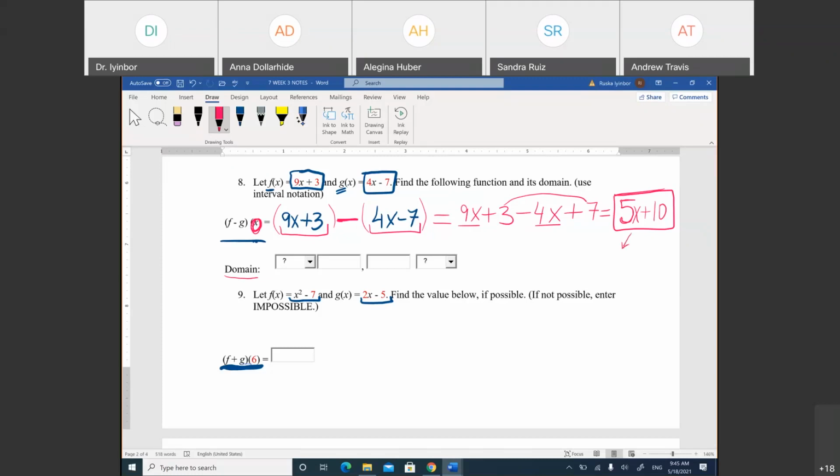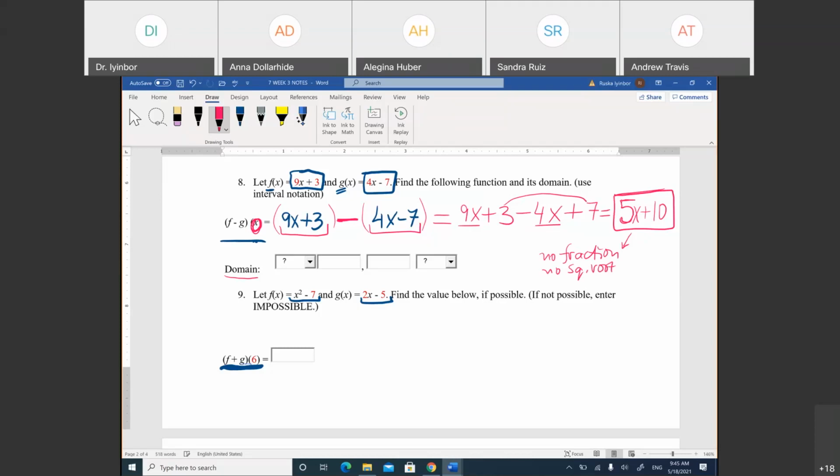You're looking for restrictions, right? Do you have a square root? No. Do you have a fraction? No. So you have no fraction, no square root, right? What does that mean? No restrictions. No restrictions, that's right.